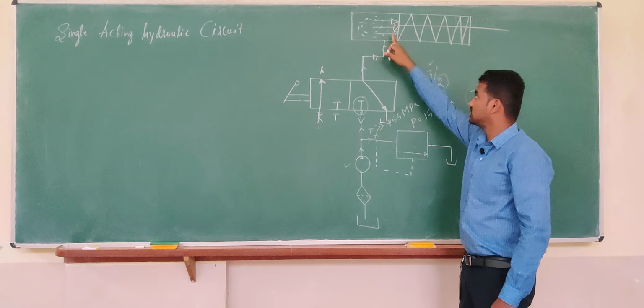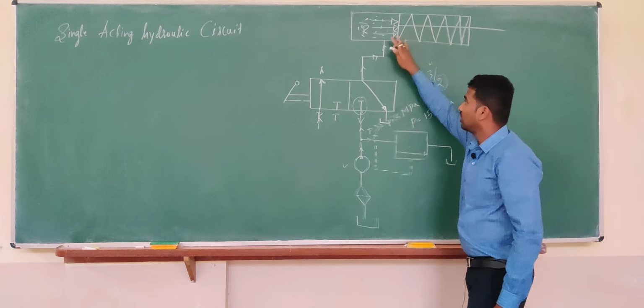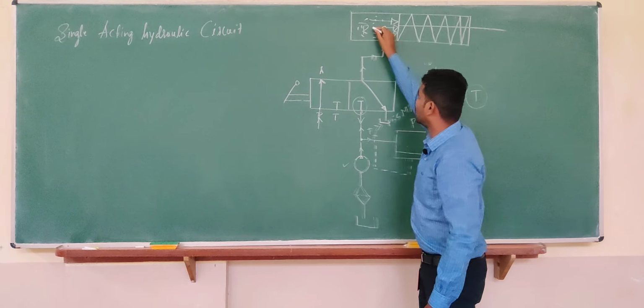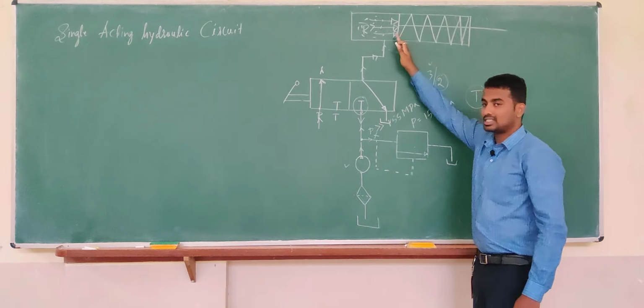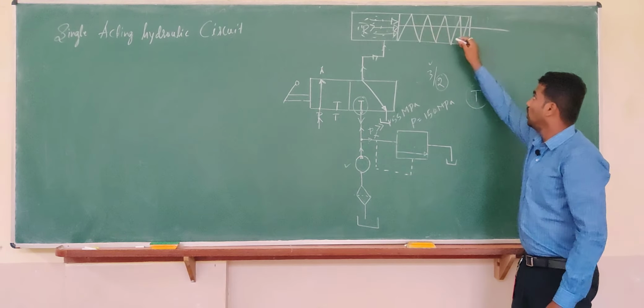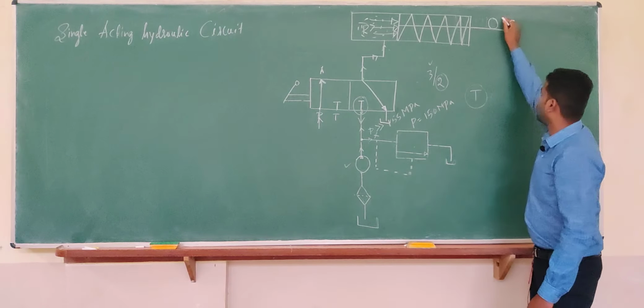As a result, if the pressure of the fluid coming here is more than the spring pressure, the spring starts compressing. Means whatever the load you want to keep on this rod, let us assume that I am going to keep some load over here.